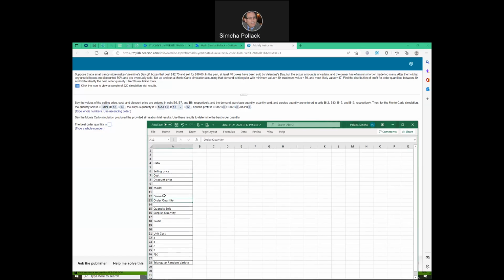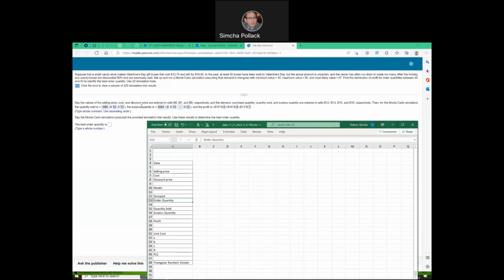If your demand is bigger than the order quantity, you can only sell as much as the demand. If you have a demand of 100, but you made 110, you can only sell 100. If you made 90 and the demand is 100, you can still only sell 90 because you only made 90. So it's the minimum of B12 and B13.